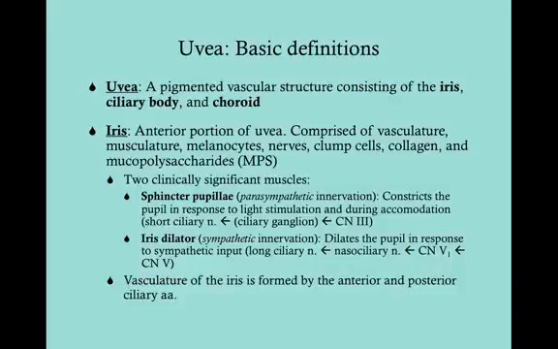So parasympathetic innervation constricts the pupil. And the reason you would want to constrict the pupil would be, for instance, in response to light stimulation. If you go outside and it's sunny out, you don't want to get all that light into the back of your eye and onto your retina, because that would be damaging.